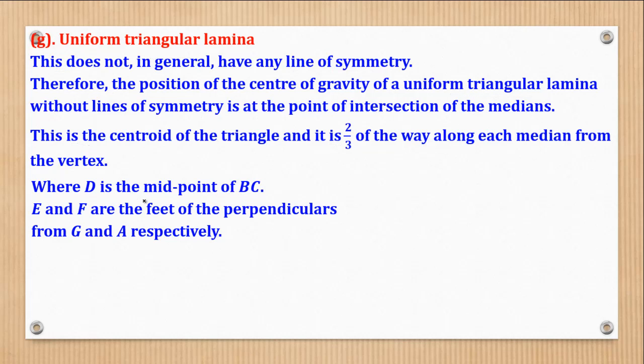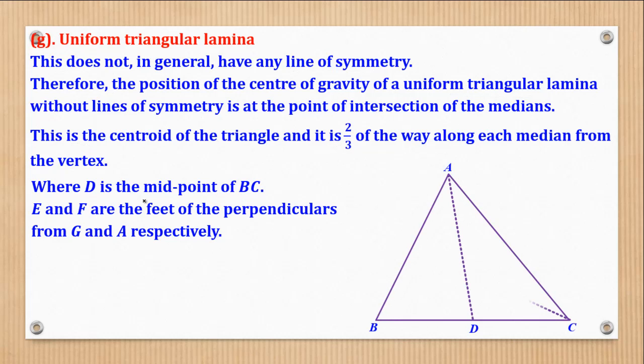So let's first draw it for you to know where D, E, and F are. That will be the midpoint of BC, and this from here to here is called the median. The intersection is the center of gravity, but like I told you, they rarely give you this.